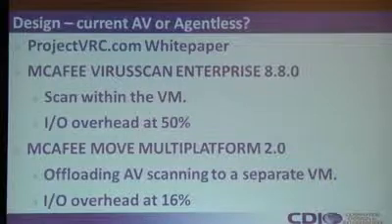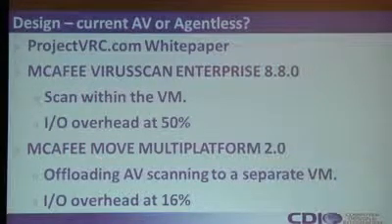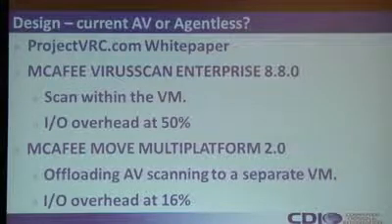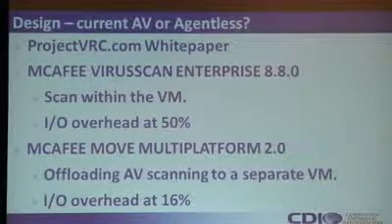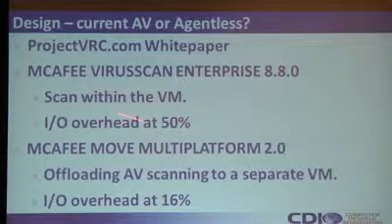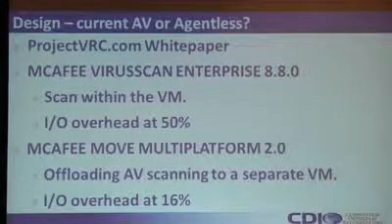Then they went to McAfee Move Multi-Platform, which is a solution from McAfee that is not quite agentless, but has a server that's doing the scanning, an offload server. So the scanning is not done in the VM, but on that offload server. Yet there's still an agent inside the VM, so it's kind of an in-between between a regular antivirus solution and an agentless solution. With that, they had an I/O overhead of 16%.